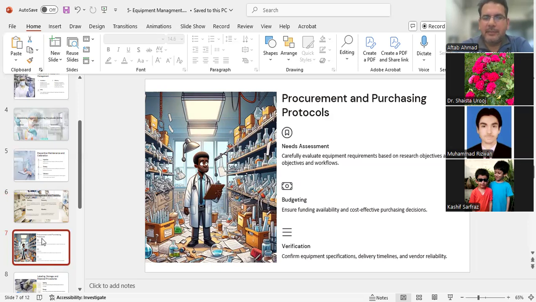So for procurement and purchasing protocols, the first thing we need is a needs assessment. We have to carefully evaluate equipment requirements based on research objectives and workflow. So we should understand what the workflow is and what the objectives of our research are.